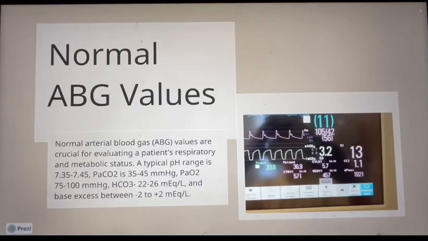PaCO2 is 35 to 45 mmHg. PaO2 is 75 to 100 mmHg. And HCO3 is 22 to 26 milliequivalent per liter and base excess between -2 to +2 milliequivalent per liter.